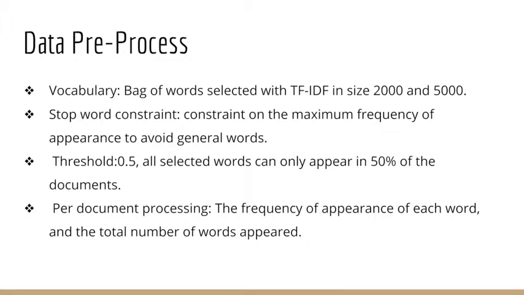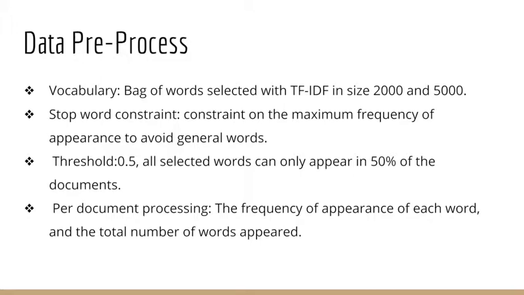To improve the quality of vocabulary, we set stop words so that only English words will be extracted. Moreover, we constrained the maximum appearance frequency of words to 0.5. That is to say, words appearing in more than 50% of documents will be discarded, because we assume these words are too general to be included in a specific topic.